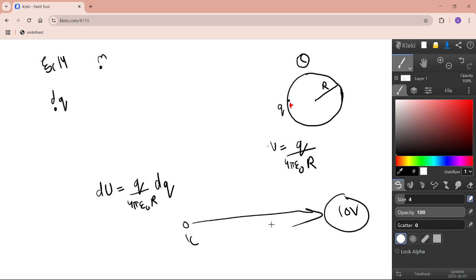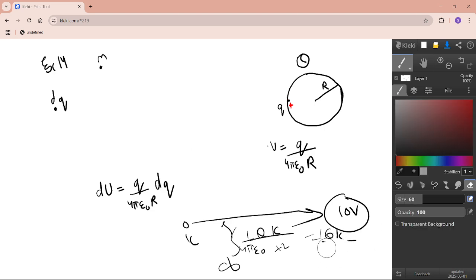You can calculate it by the same thing: 1 upon 4 pi epsilon naught, the charge on this, let it be q, it is 1 coulomb, upon x square, and you integrate x from infinity to the radius r, you'll get kq upon r, that is, q upon 4 pi epsilon naught r.